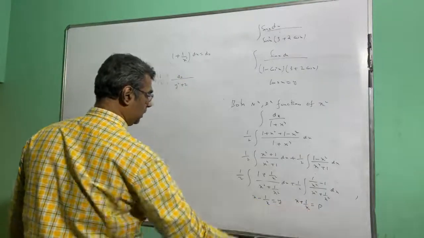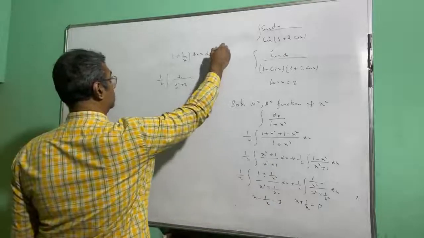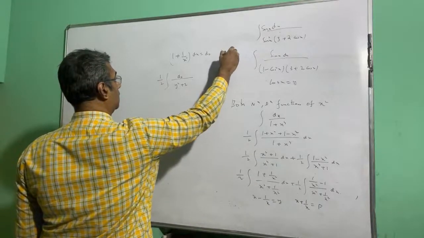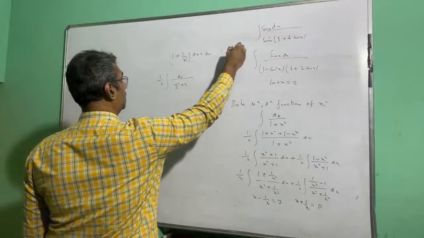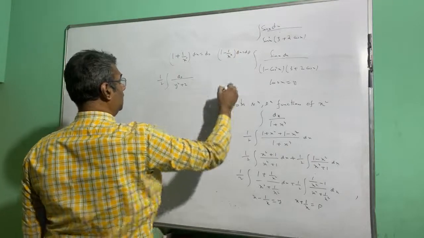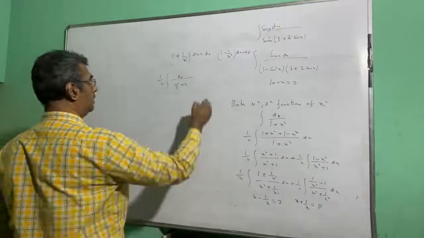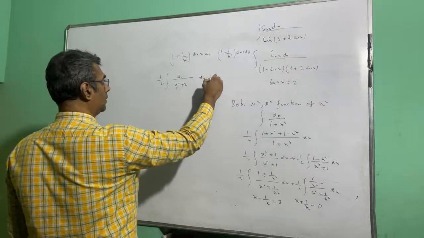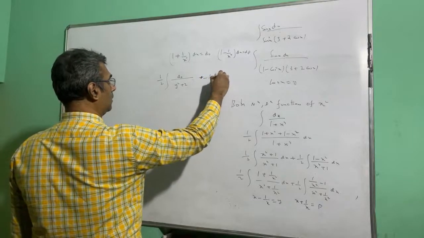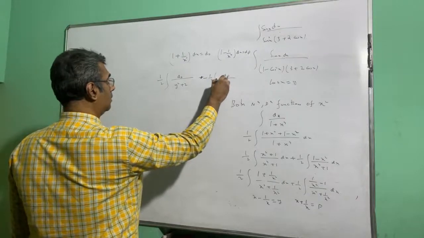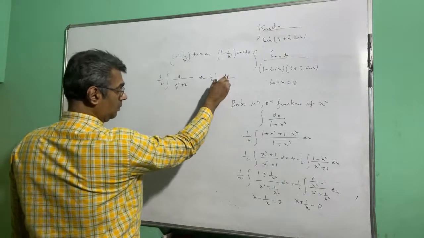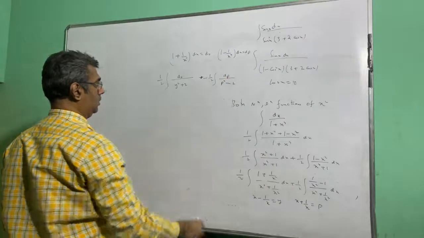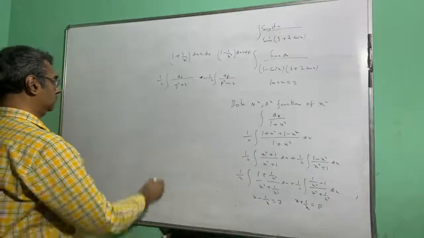And if you put x plus 1 by x as p, then 1 minus 1 by x squared dx is dp. So dp by p square minus 2.